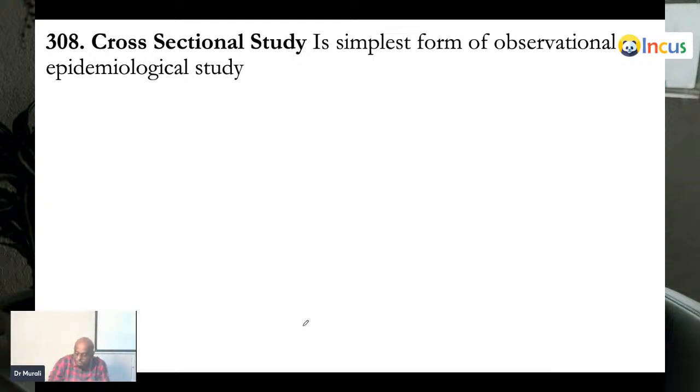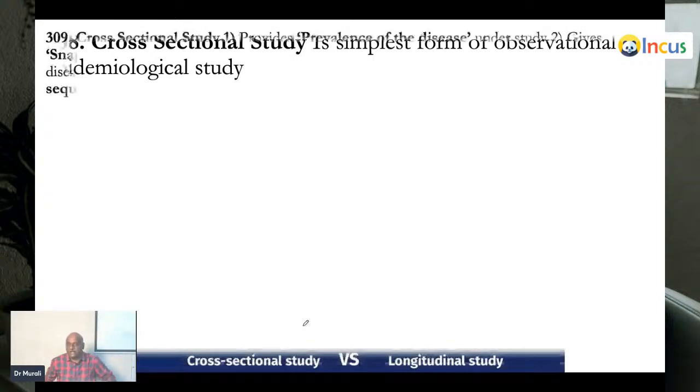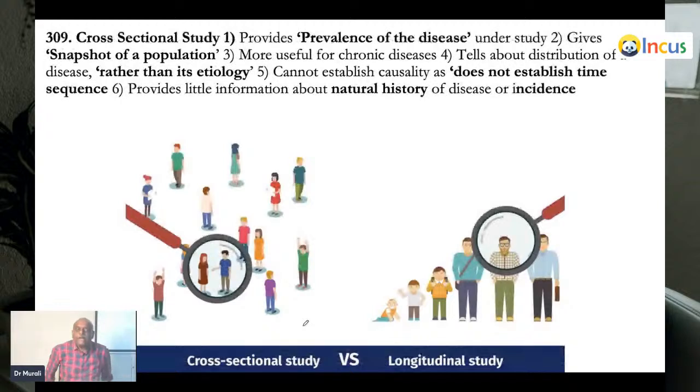Simplest form of observational epidemiological study. Using the cross-sectional study, you can provide prevalence, old and new cases, a snapshot of the population, more useful for chronic diseases like diabetes. It tells about distribution, not about etiology. It won't tell why diabetes occurs. How many diabetics are there in the population? It will tell.